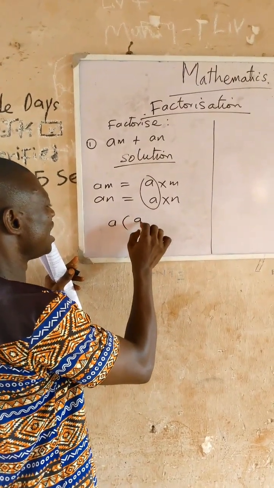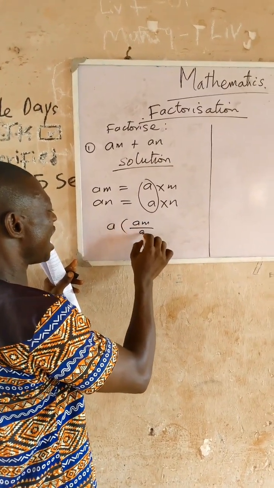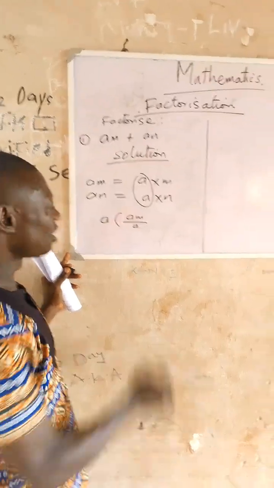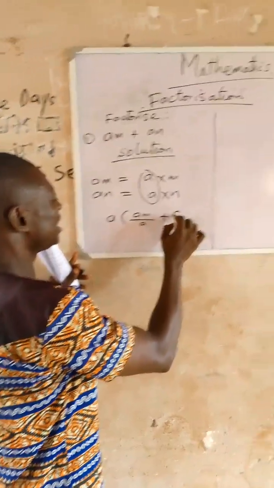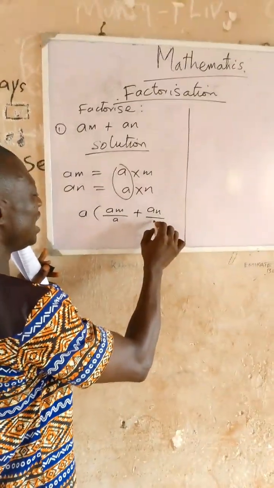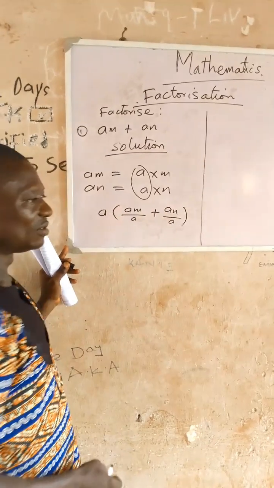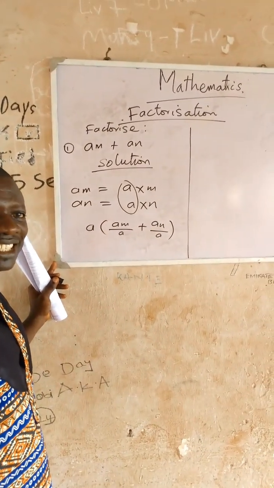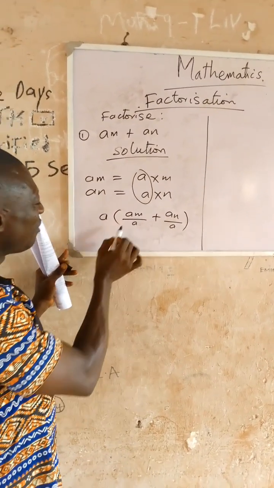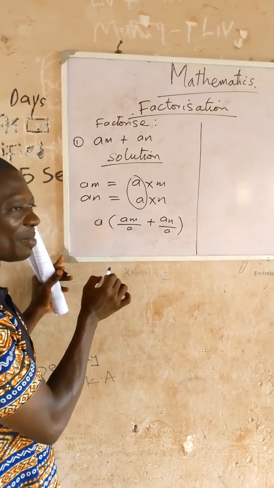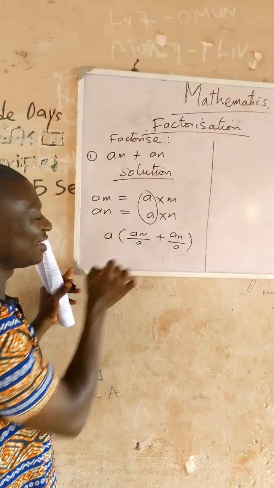Use that A to divide AM. Again, use that A to divide AN. Now we can cancel A here.